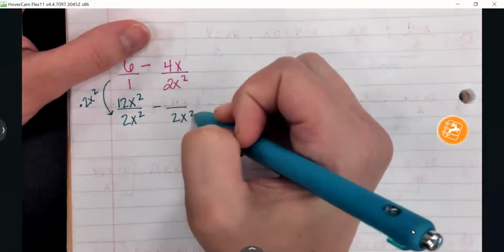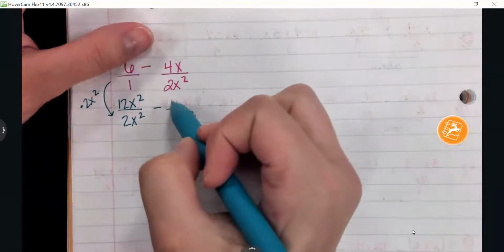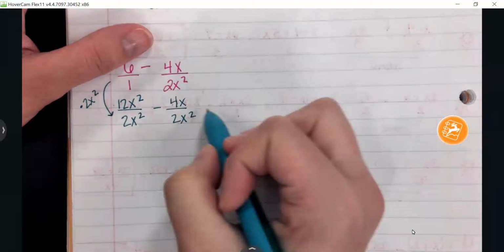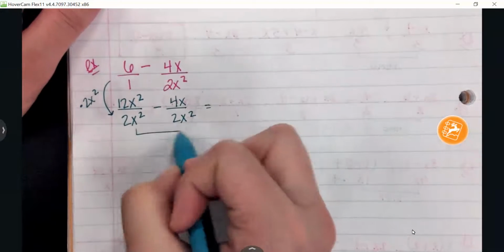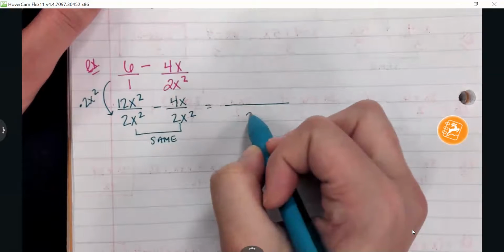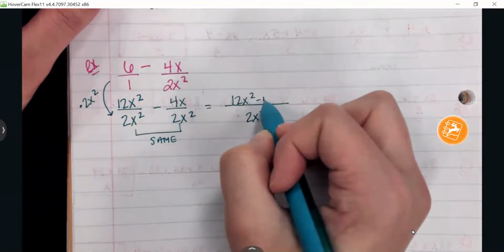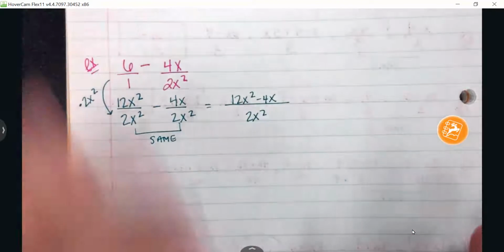How do I get from 2x squared to 2x squared? Does anything change? Nope, then neither does my numerator. And now since these are the same, I can write it as one fraction. So I have 12x squared minus 4x.